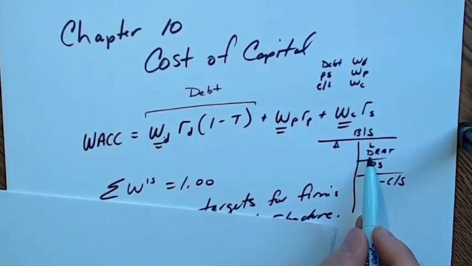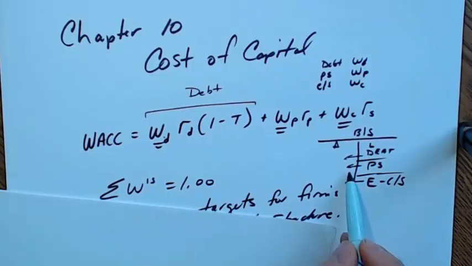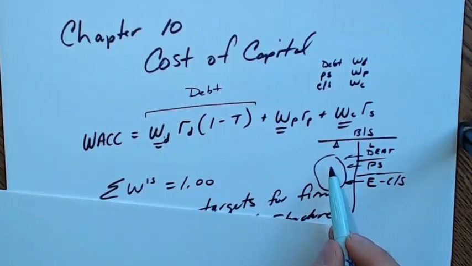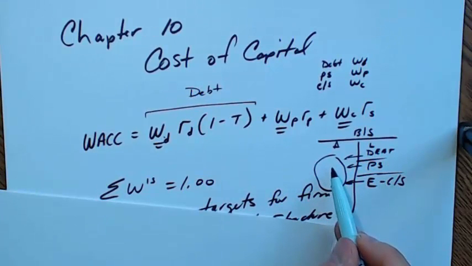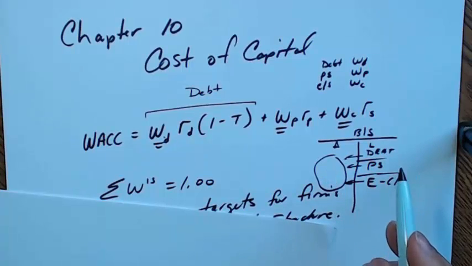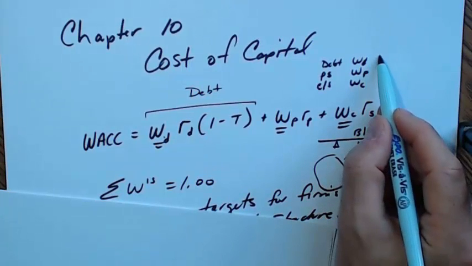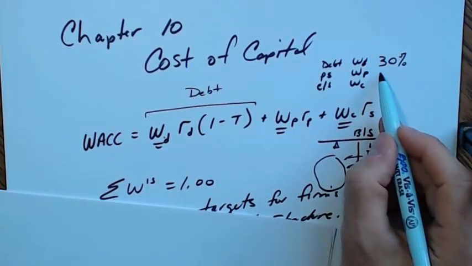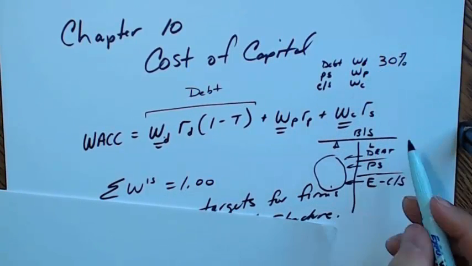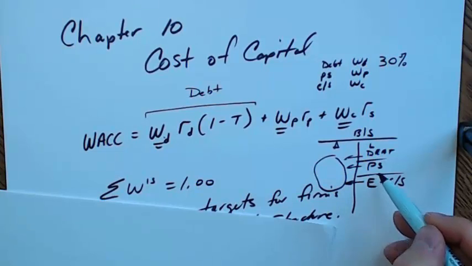In other words, this debt is used, and this preferred stock is used, and this common stock is used to invest in projects and product lines and assets. That's why we borrow all this money on the right-hand side, use it to fund projects on the left-hand side. And so we're going to assume in this chapter that we want 30% of our capital structure to be debt.